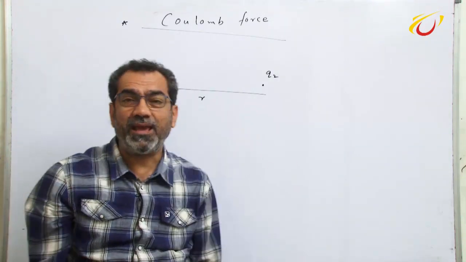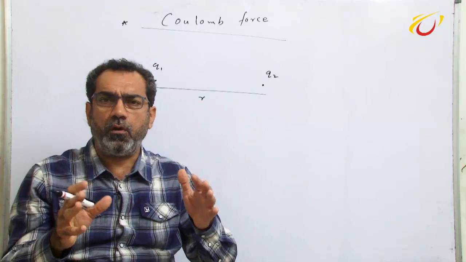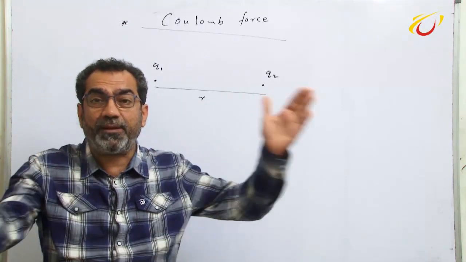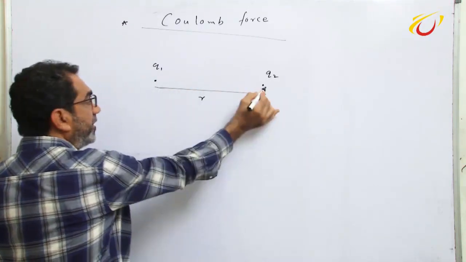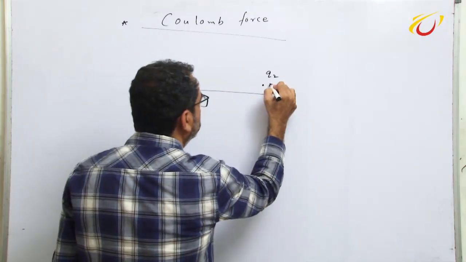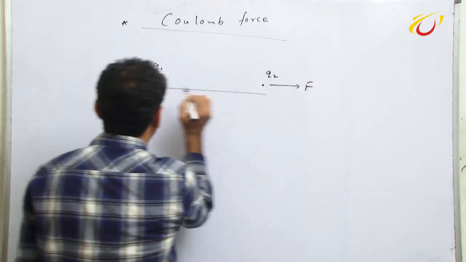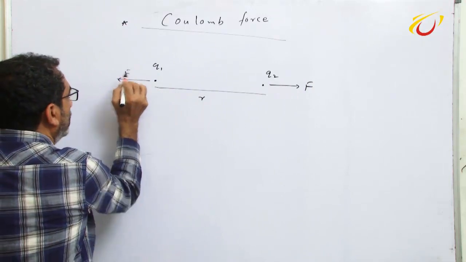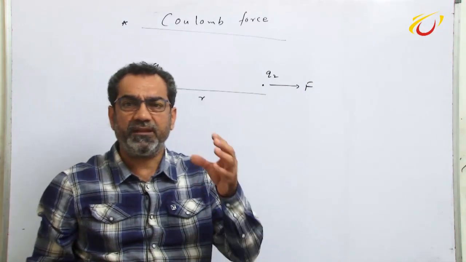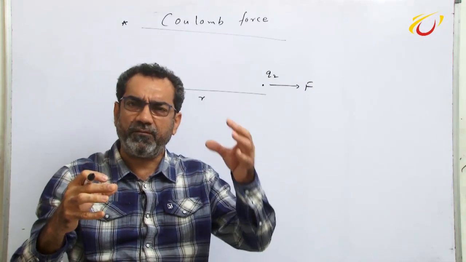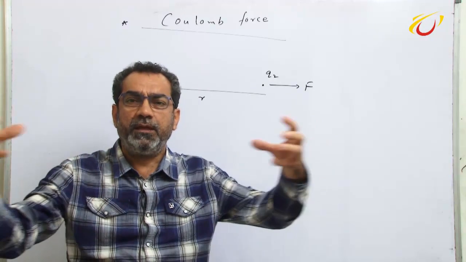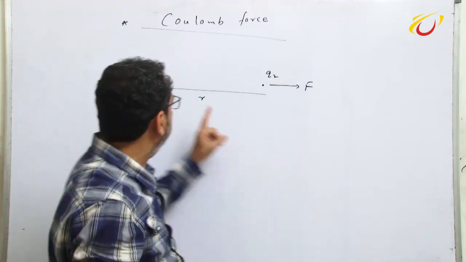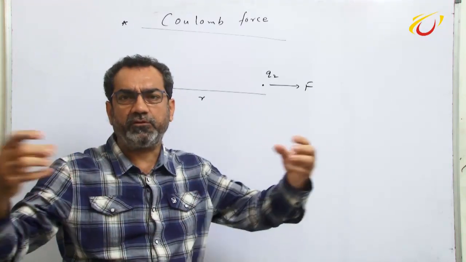If these two are like charges, meaning both are positive or both are negative, they will repel each other. As I have taken both positive, correct, they will repel each other. If they are unlike, meaning one is positive and the second is negative, or the first is negative and the second is positive, they will attract, correct? Here I have taken both positive, so I will definitely show repulsion.